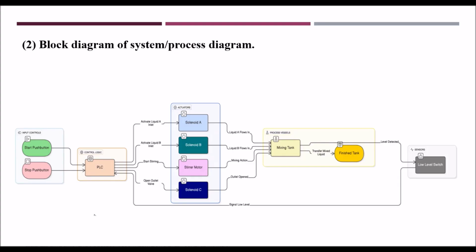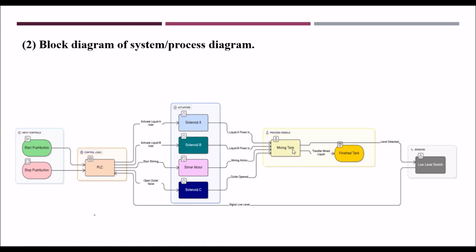So this is a block diagram. There is question number 2, that is a part of the batch process. Here the start button and stop button are both inputs to the PLC, and there is a limit switch and a low level sensor, which are also inputs to the PLC. PLC outputs are solenoid A, solenoid B, stirring motor and solenoid C, and these are going to control the mixing in the tank, right?